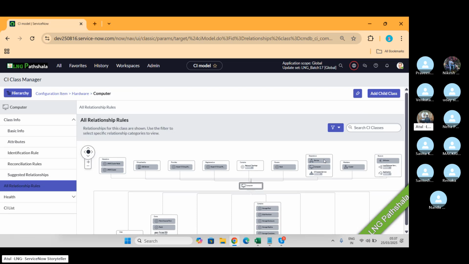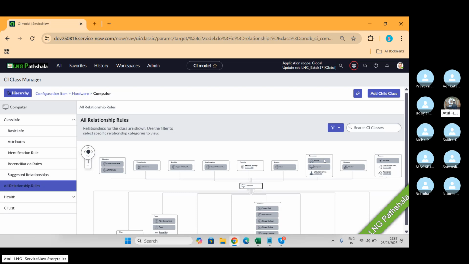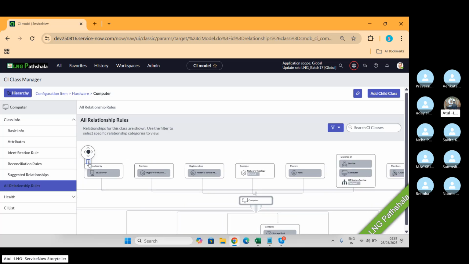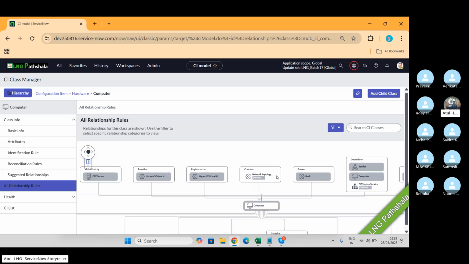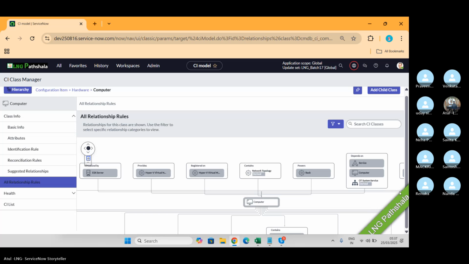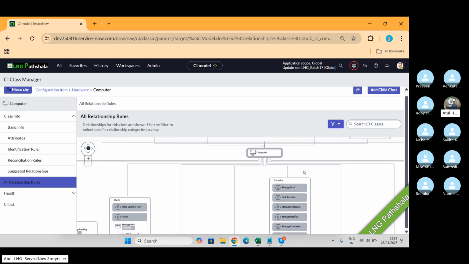Bhabhi is itself a class, itself a CI. Chachi is itself a CI. But how are these two relationships connected? That's important. So let me show like this. ये देखो. A computer contains storage, disk partition.